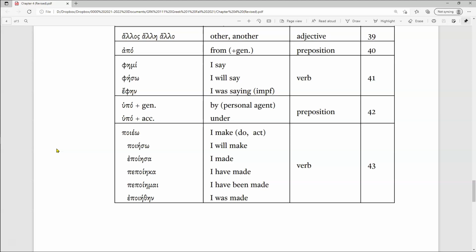So passive voice is when the subject of the verb is acted upon. The house was painted. The house is the subject, but the verb is passive. And so hupo denotes the agency of a passive verb. The house was painted by me.